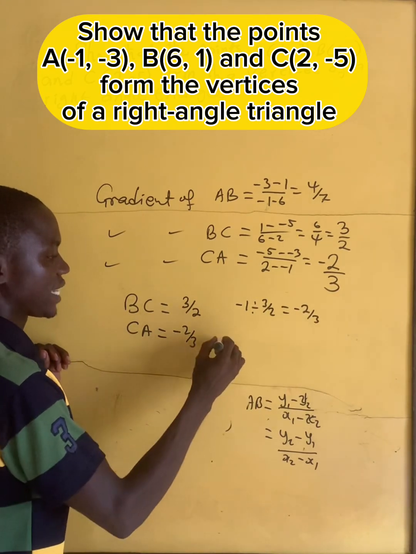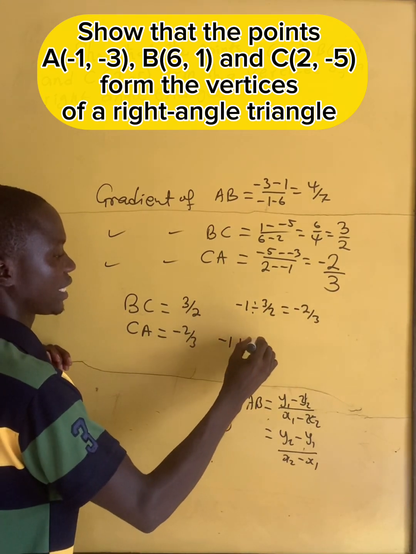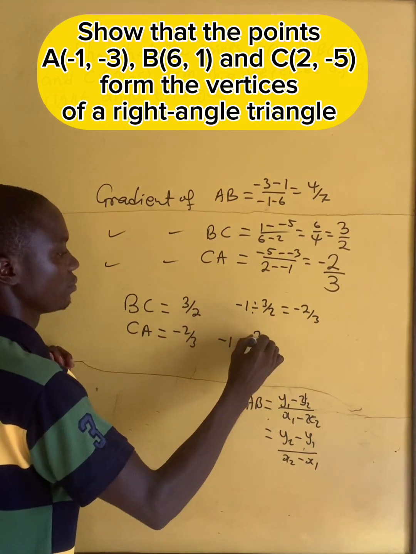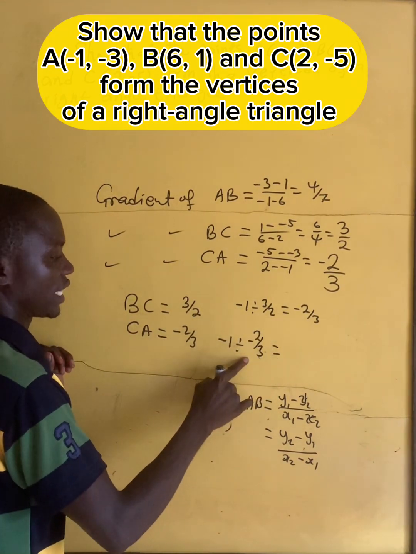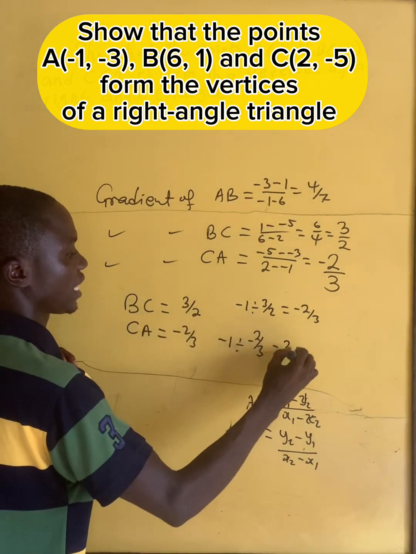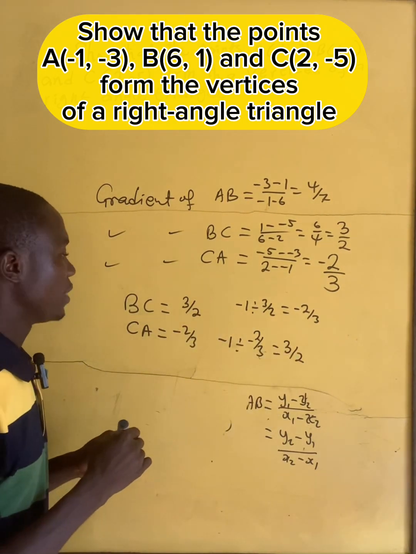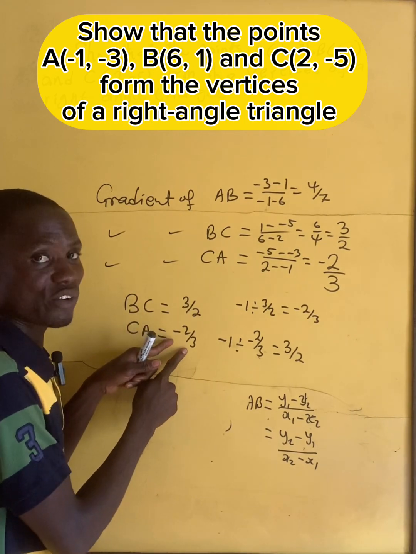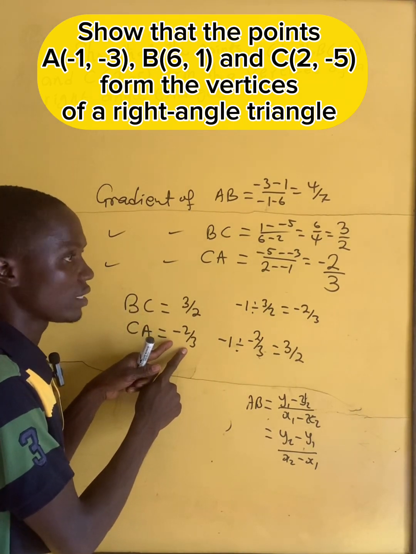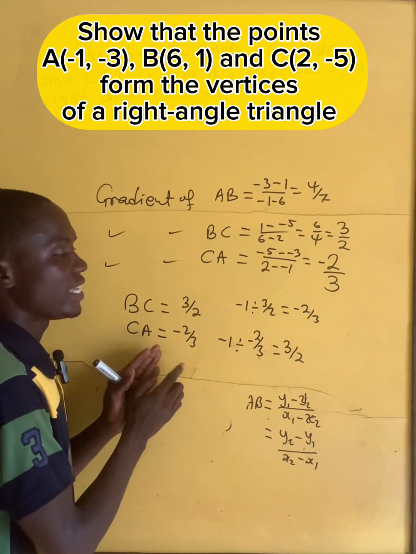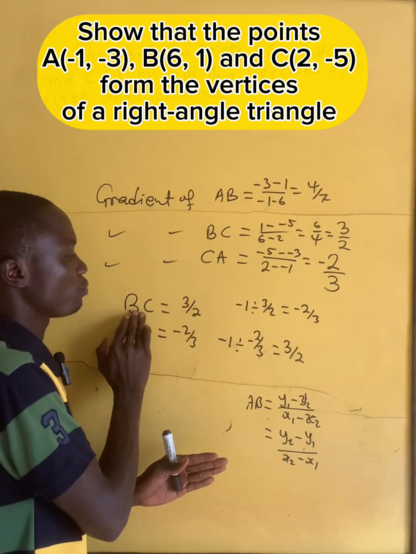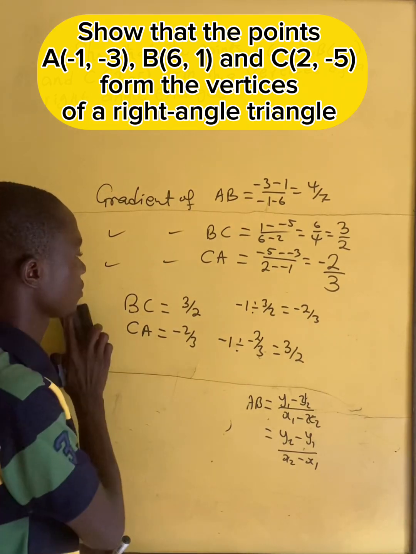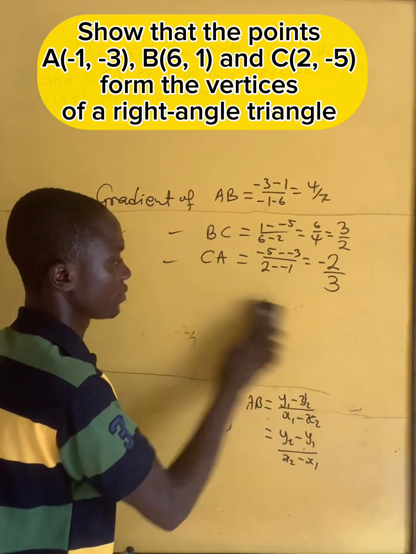Or, if I take negative 1 and divide by negative 2 on 3, you are going to get 3 out of 2. So it means that BC is the negative reciprocal of CA, or CA is the negative reciprocal of BC, in a very simple way. So let's go and conclude.